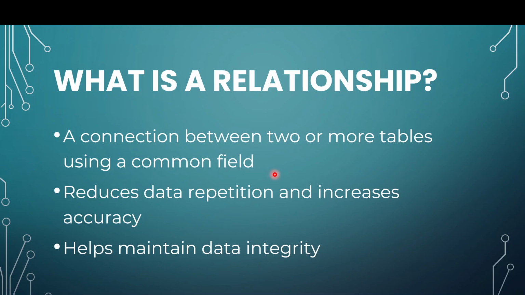And then another reason why we create these relationships is so that we can maintain our data integrity. What we simply mean by enforcing or maintaining our data integrity is, let's say for example, we have students in the student table. Those students can be enrolled to many subjects because in schools, one student can do different subjects.